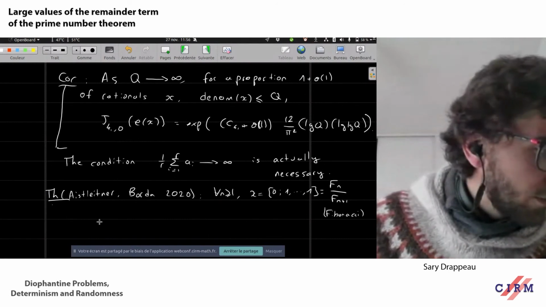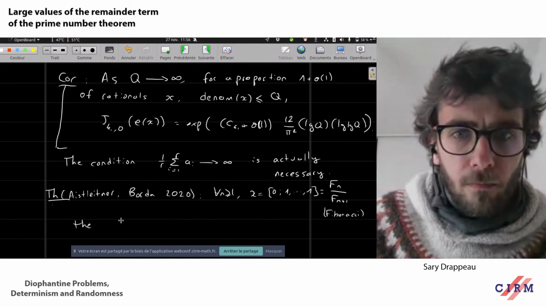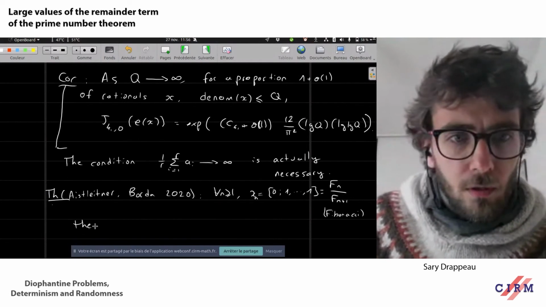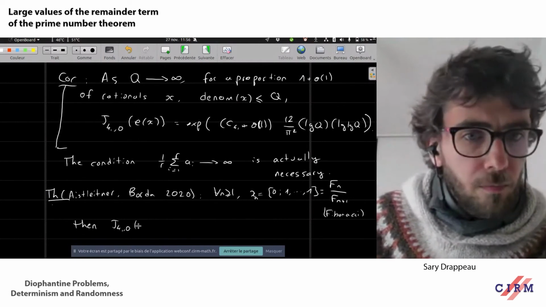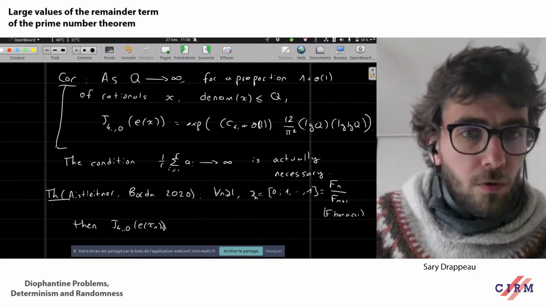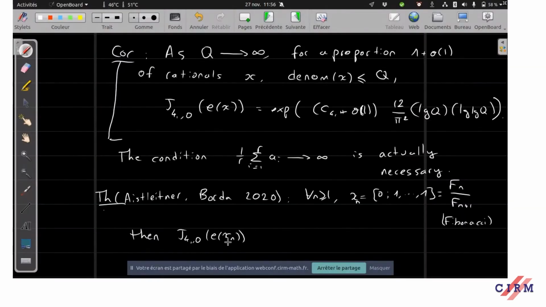And for these numbers, which depend on n, the j function grows exponentially, exactly like before, but now the constant is different. So this is the same sum, the sum of the a_i, but now the constant is not the same.